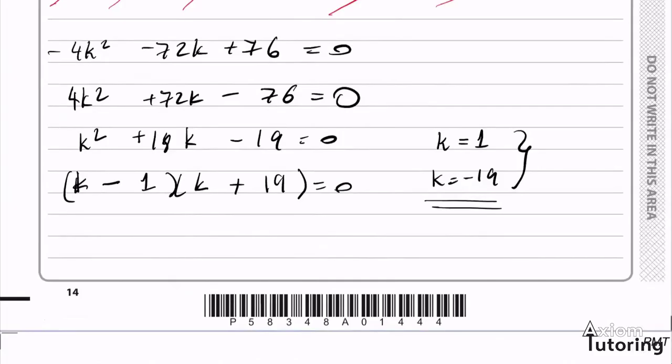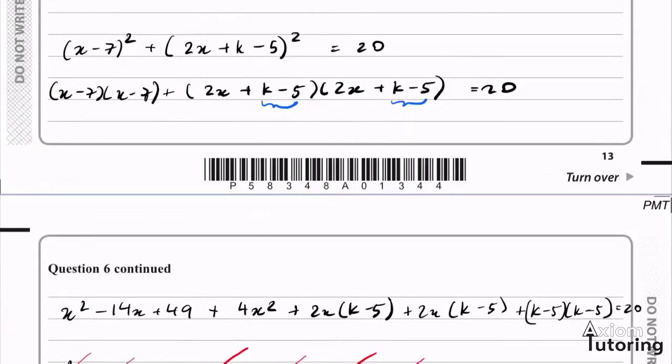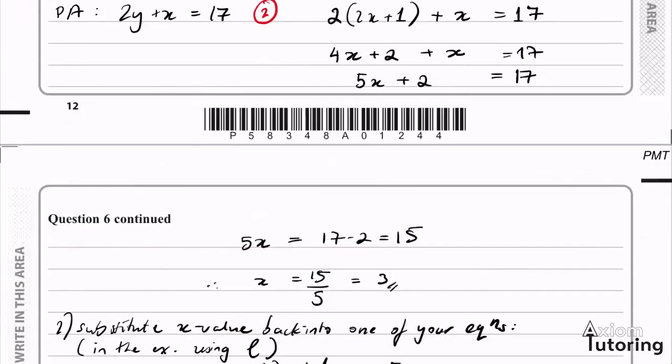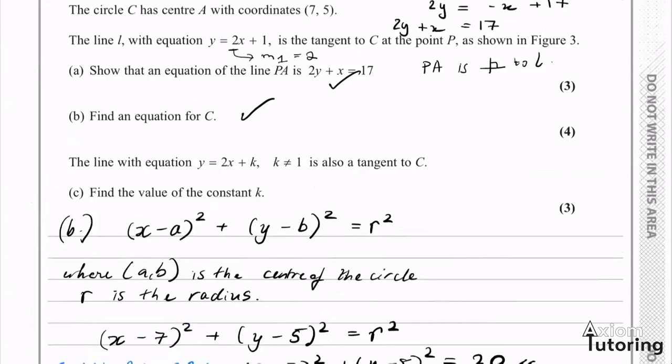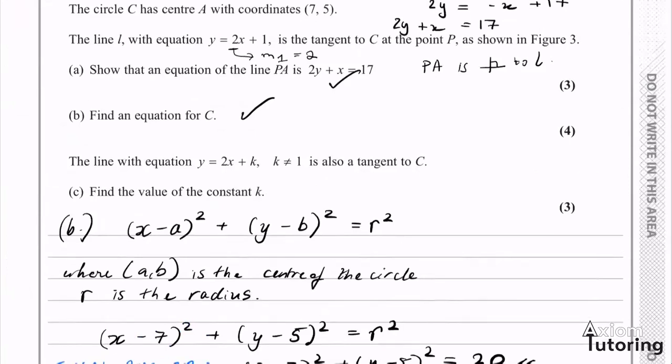So then the final answer to part C, if we scroll up to what it actually wants, it's just finding the value of the constant k, sorry. So k equals minus 19, and so the other tangent will have equation y equals 2x minus 19. Okay, and so that's question 6 of the paper done.